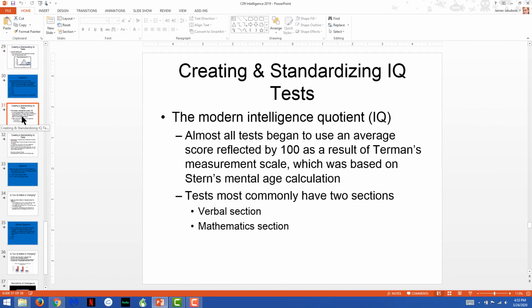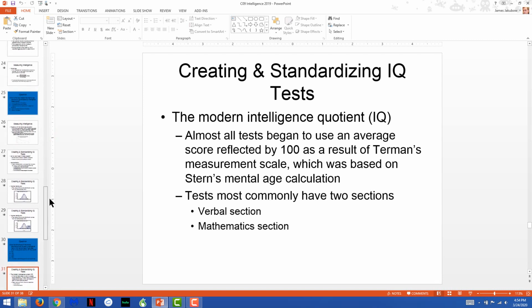Now, the modern intelligence quotient, when you're talking about how it should be defined, has traditionally used the value of 100 as the average for an IQ test, although it doesn't have to be the value of 100. The value of 100 actually, just as a reminder real fast, comes directly from the mental age calculation.